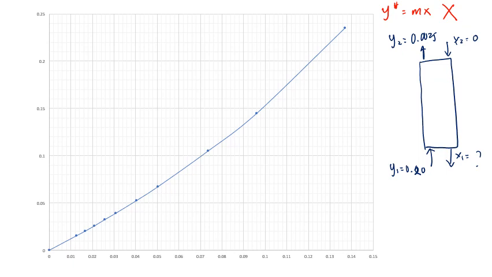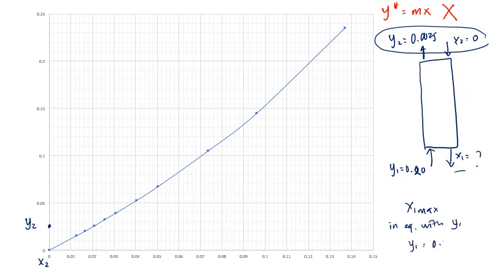Here, you know the coordinates for the top of the tower: 0 on the x-axis and 0.0025 on the y-axis. So this is the point x2, y2. But you don't know where your x1, y1 point is, because you don't know what your x1 is. But in order to find the L min, you need to know the x1 max. So x1 max would be the x1 in equilibrium with y1, and y1 is equal to 0.20.